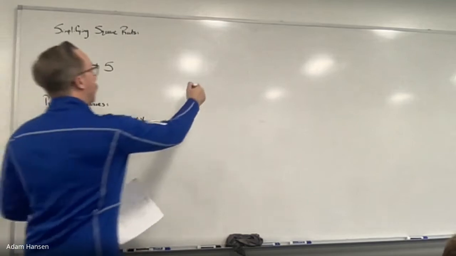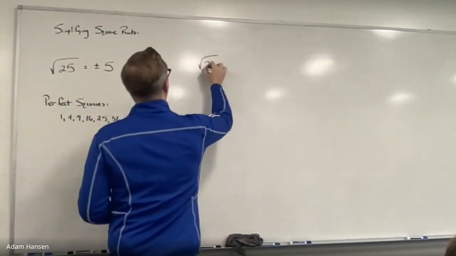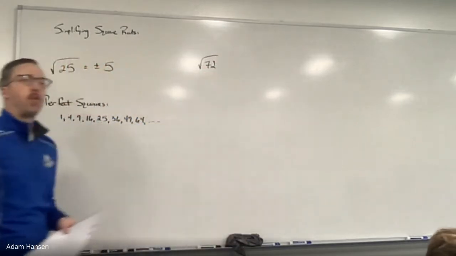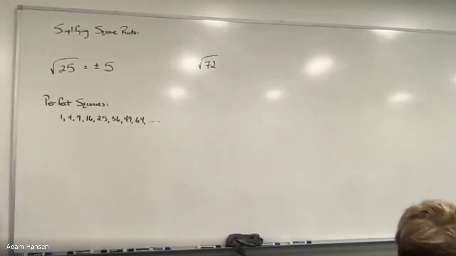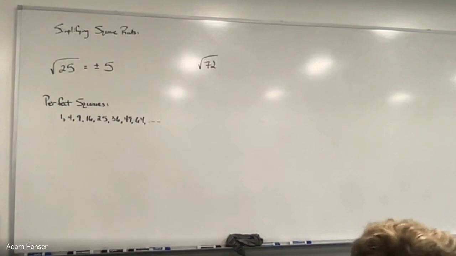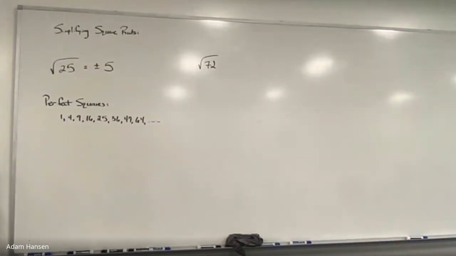What about numbers that aren't perfect? On the calculator, everyone right now, type the square root of 72. What do you get?